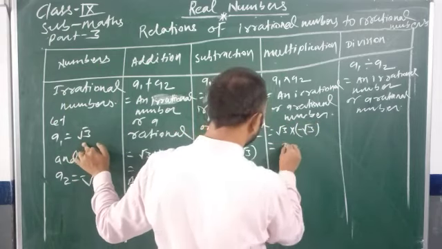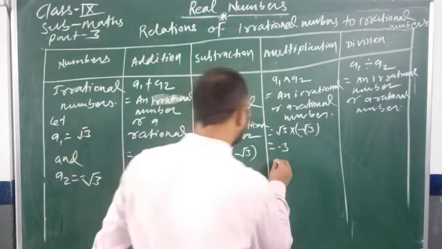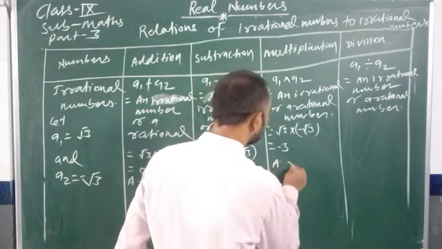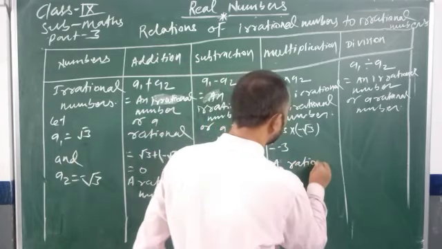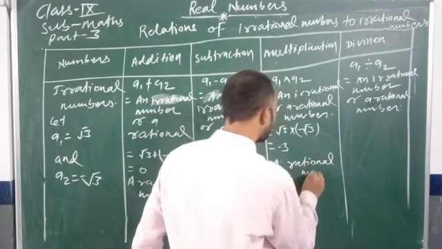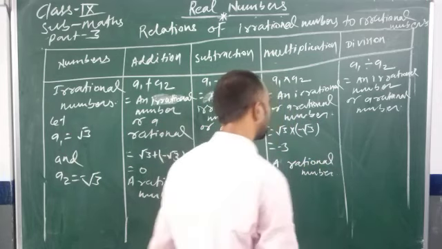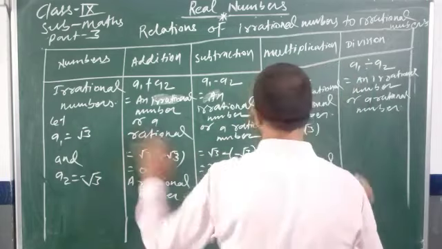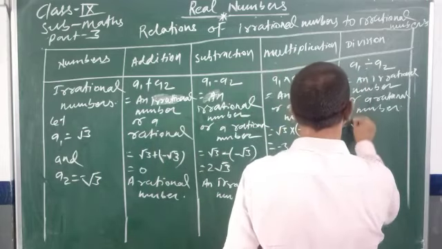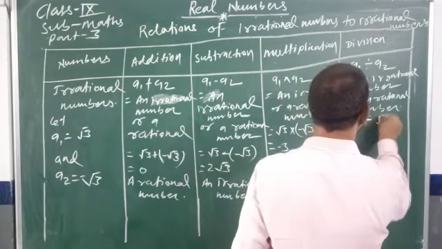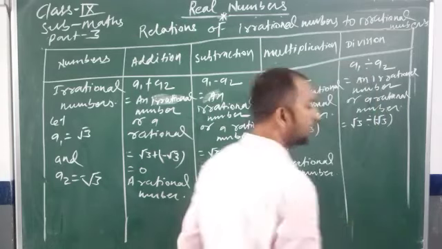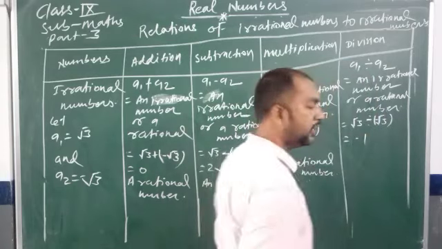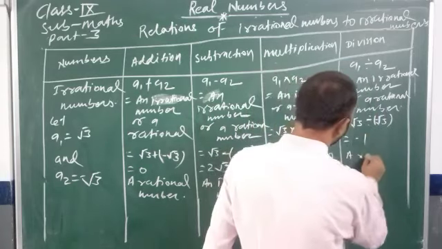Here the value is minus 3 and it is a rational number. The final operation is division. We put the value root 3 divided by minus root 3. So we get minus 1. It is a rational number.